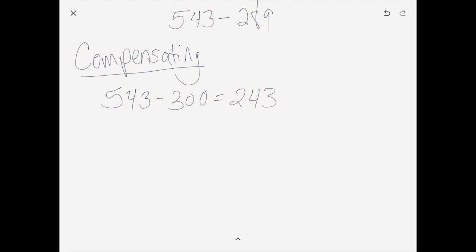So this idea of using this strategy with subtraction, we really have to understand what's happening in the problem. Now, this is just a bare problem, but if this was put into a context, like I had $543 and I went to the store, bought my groceries, it came out to be exactly $289 and I'm paying in cash, right?